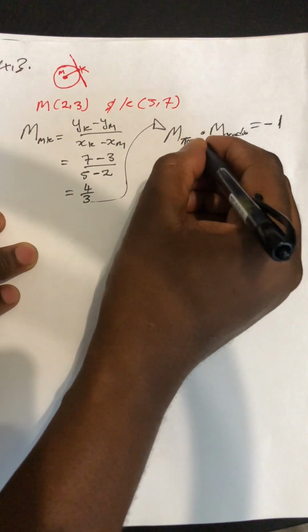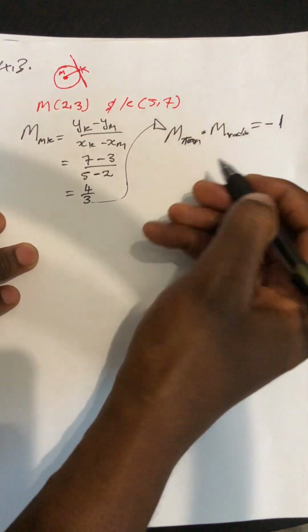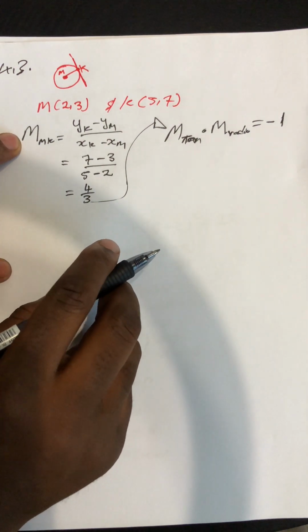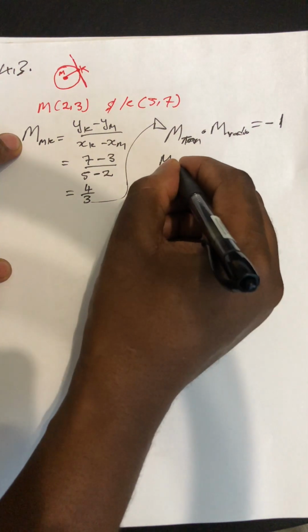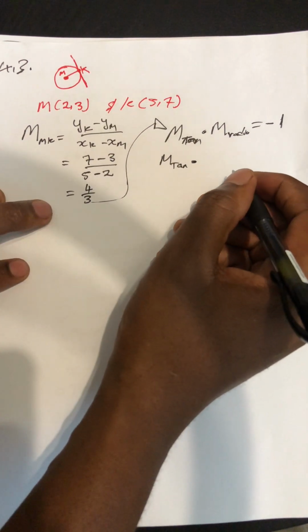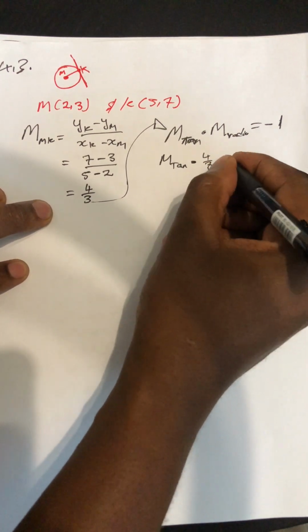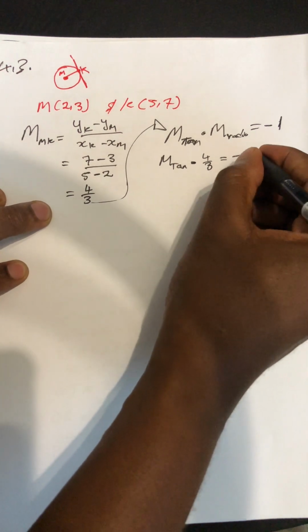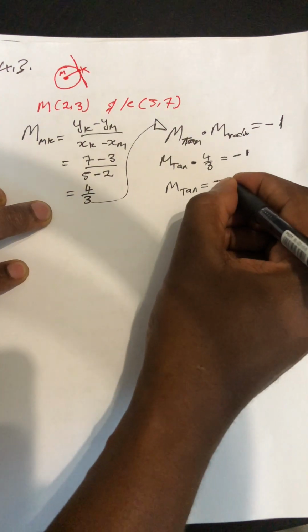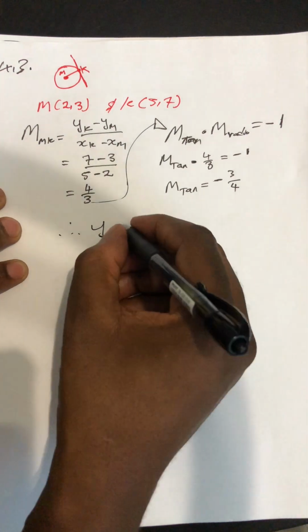The gradient of a tangent multiplied by the gradient of radius must give you -1. And we know that the gradient of a tangent is what we are looking for. Gradient of tangent multiplied by the gradient of radius, which is 4/3, must give us -1. So obviously the gradient of a tangent is going to be -3/4.